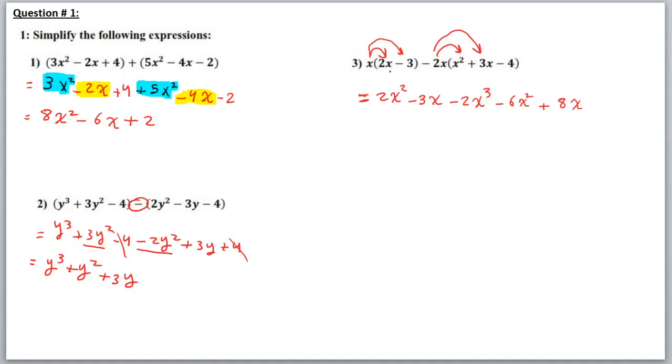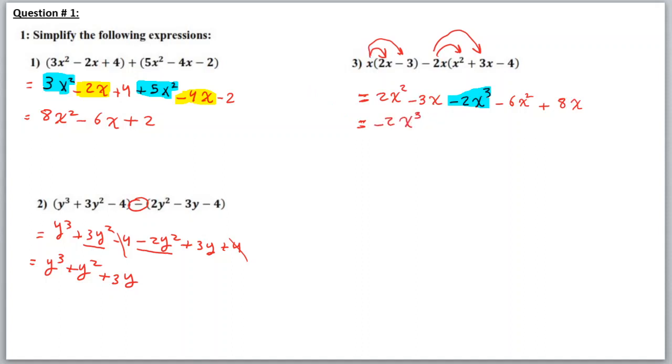So repeat it again, 2x squared minus 3x minus 2x cubed minus 6x squared, and then plus 8x. The second step, I should collect the like terms. So first I have minus 2x cubed. Usually I start with the highest power. Minus 2x cubed, there is no other x cubed here, so we just copy it.